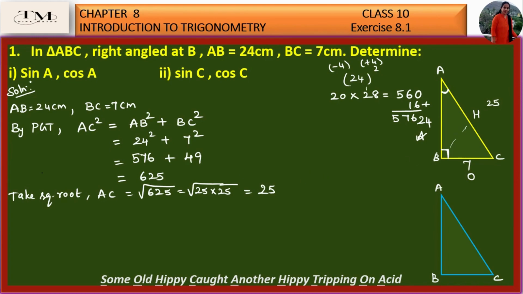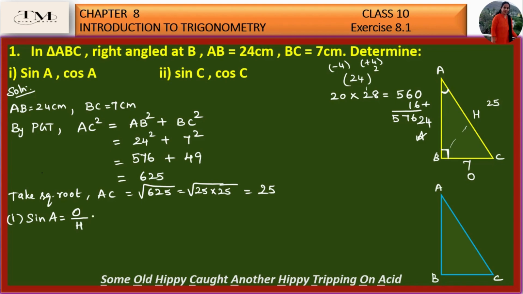Now our work is to find sin A, cos A. For the first part, sin A. So what is sin A? We know: some old hippie got another hippie tripping on acid. Take the first letter of each word: S-O-H. So sin is equal to opposite by hypotenuse.